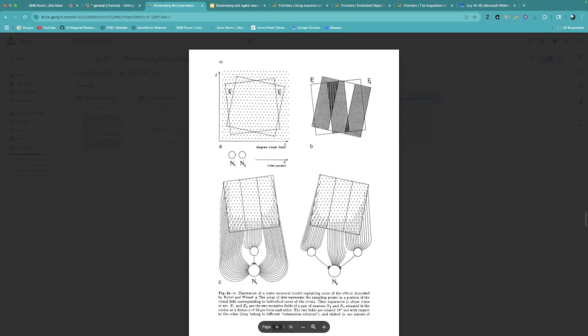In A here, the array of dots represents the sampling points in a portion of the visual field corresponding to individual cones of the retina. So you have this visual field, you have the cones, they're dots. They're not like ommatidia, like we saw with the insects, but they do have this sort of spatial array that they're located in. And they represent different parts of the visual field.